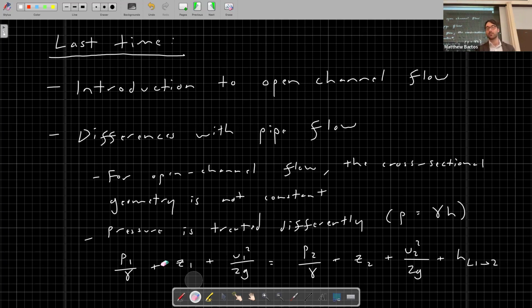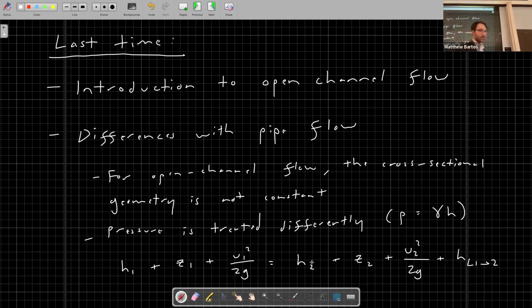Thus, these pressure head terms, P1 over gamma and P2 over gamma, we treat as just the depth of the water at points 1 and 2, respectively. So from now on, instead of looking at that pressure head term, we're going to be using the depth of the water to essentially represent that pressure head.